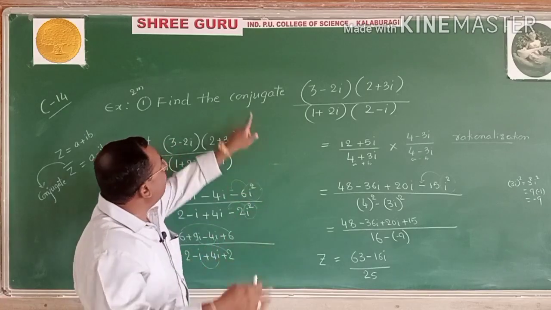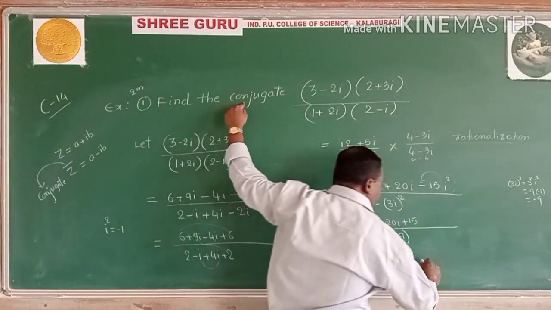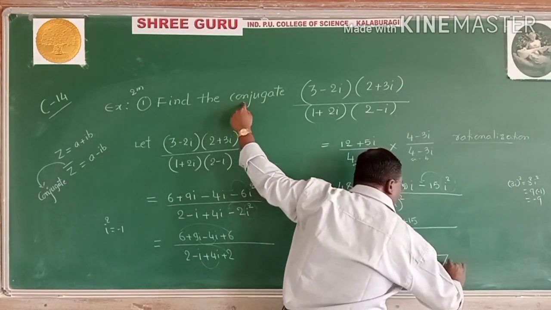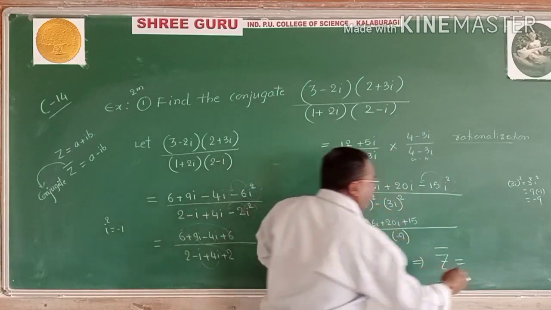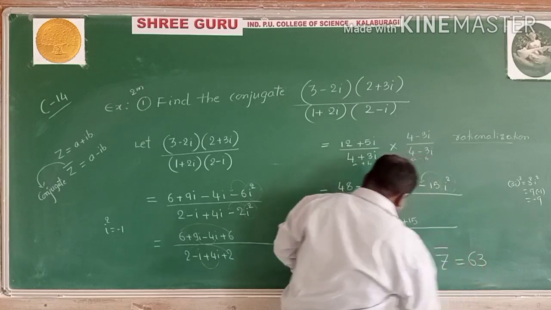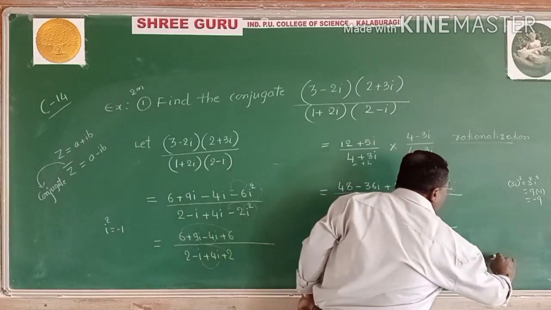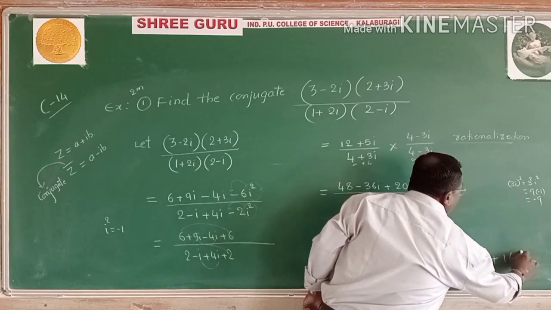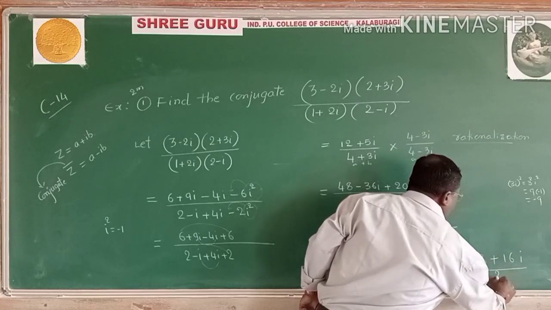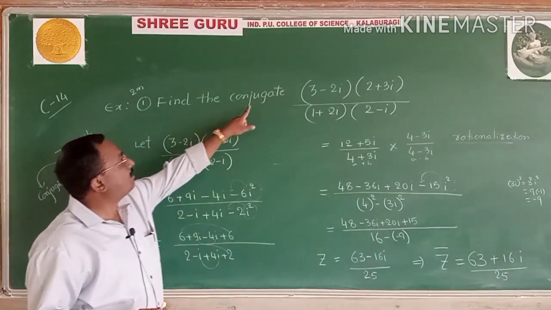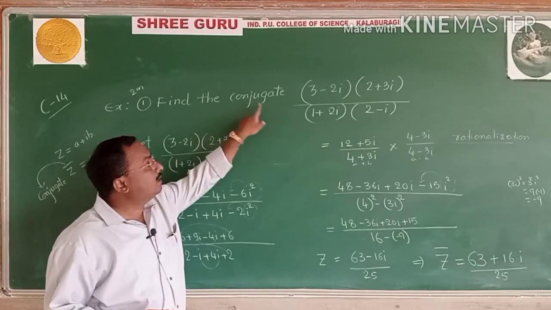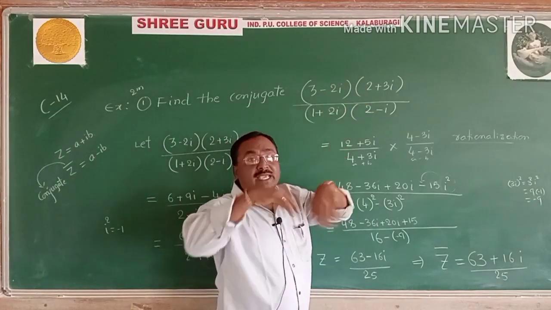To find the conjugate, the conjugate of this is z bar. Z bar is: here 63, real part kept as it is, and minus becomes plus 16i, divided by 25. Do you know what conjugate means? Here this was incomplete complex, make it complete.